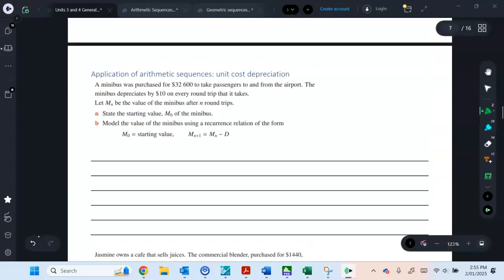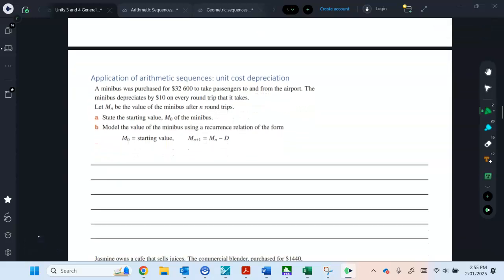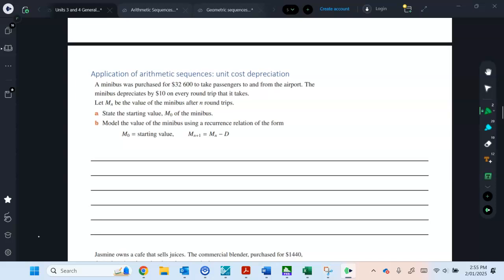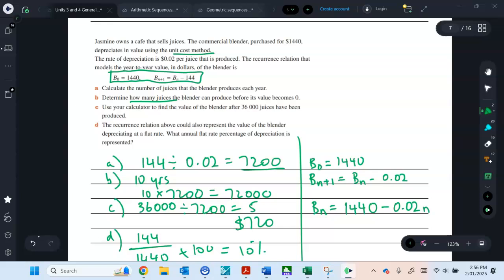Let me just have a look at the previous question to see if that's mini bus $10. Yeah. So here your D would be 10. All right. So they've given us a recurrence relation, but kind of put it into flat rate depreciation form, because we can't assume that you're going to sell 72,000 juices per year.